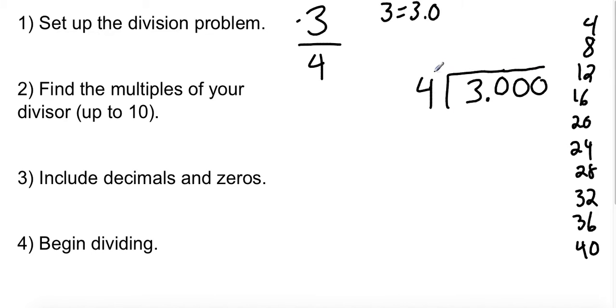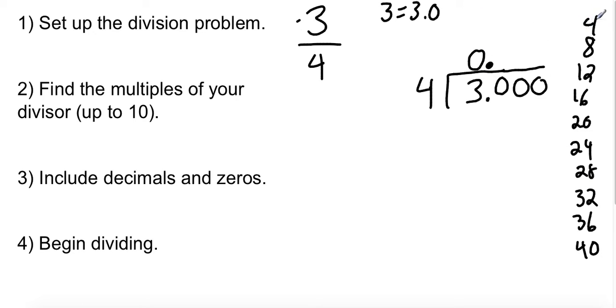So now I'm going to start dividing. So I know that 4 can't go into 3, so I'm going to put a 0 up here and include my decimal up here. 4 can go into 30, and maybe if I'm having a hard time remembering how many times it can go into 30, I can refer to my chart.